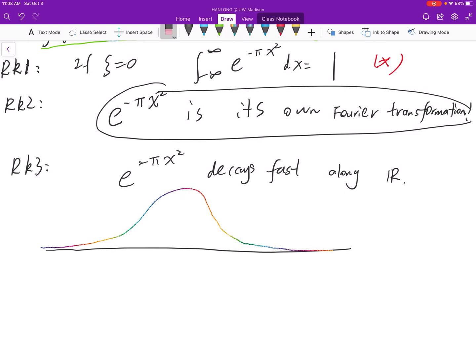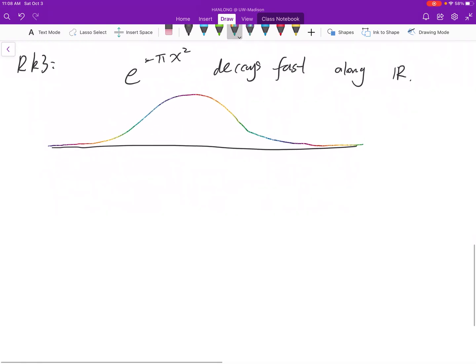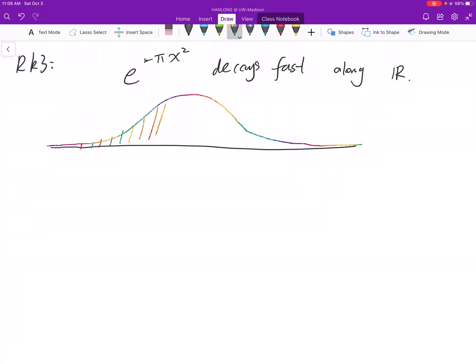Of course, it's symmetric, but my bad drawing. Anyhow, this is a Gauss distribution actually. If you learn a little bit of statistics, you know this is a Gaussian distribution.